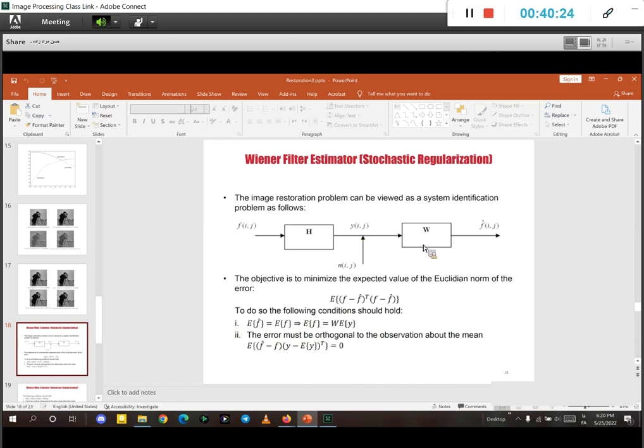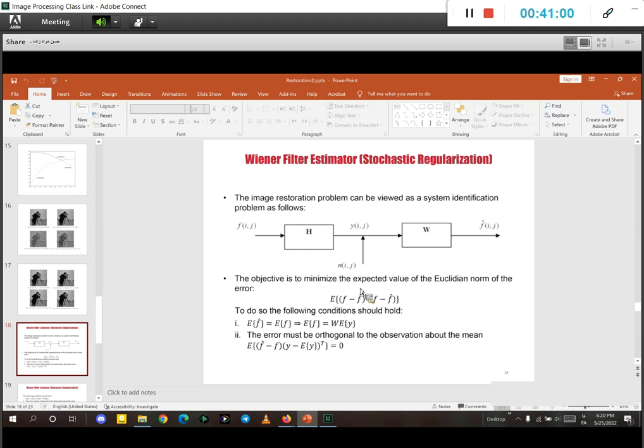And this is the inverse system or reverse system we are finding. Here we name it W, the Wiener filter, and the output is named f hat. The objective is to minimize the expected value of the Euclidean norm of the error, f minus f hat transpose dot f minus f hat.